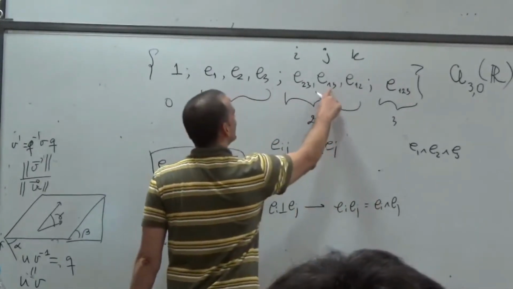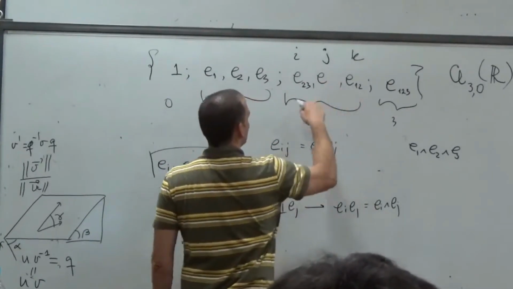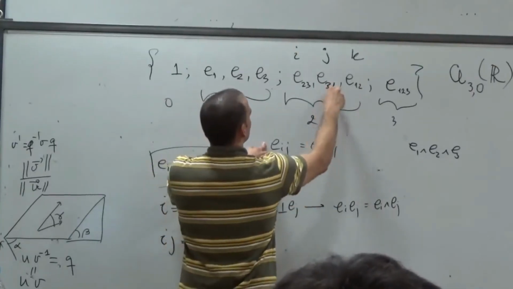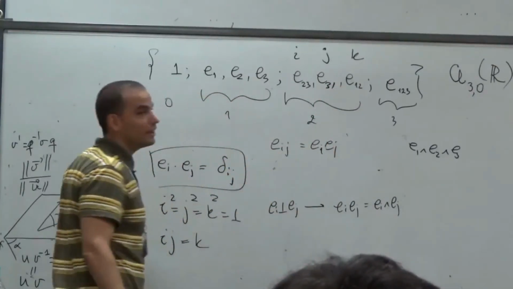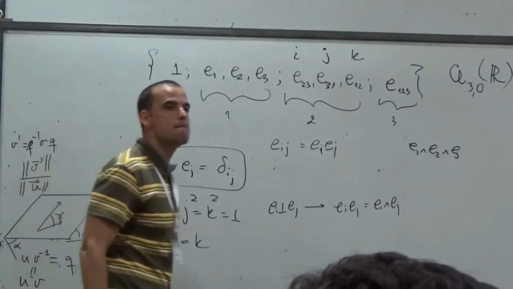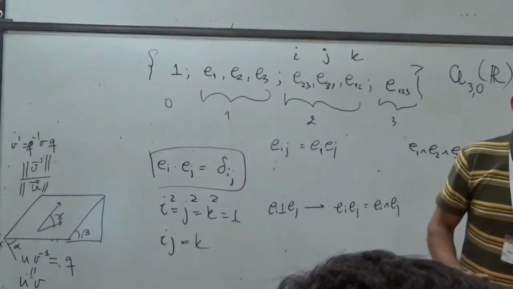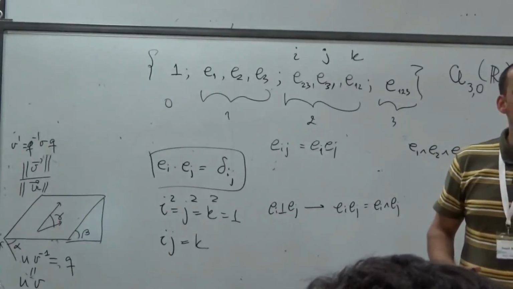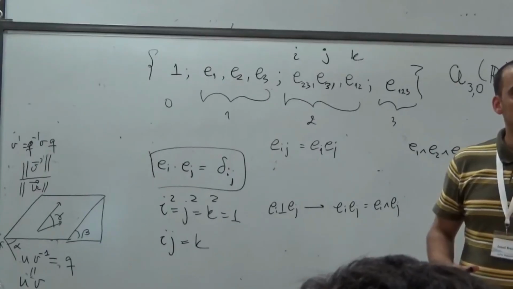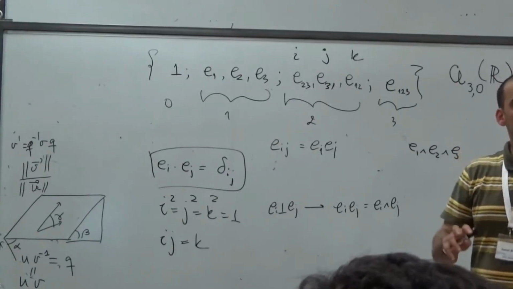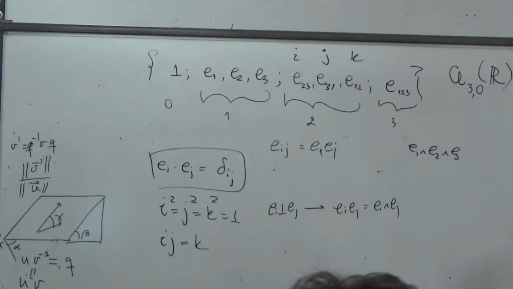Because the convention is that we order the indices. The expression I have written before, written with i, j, k must change. There is a change of sign between the two.